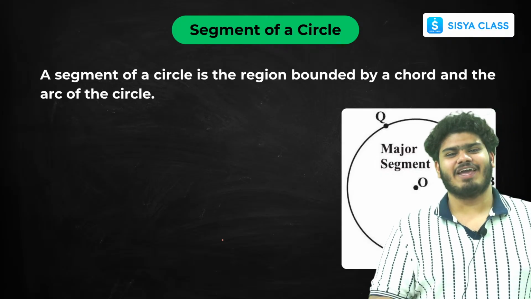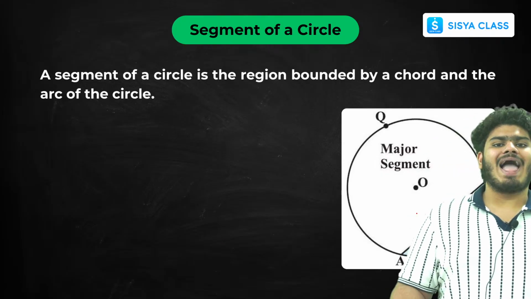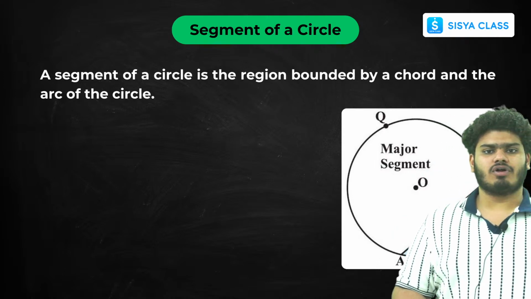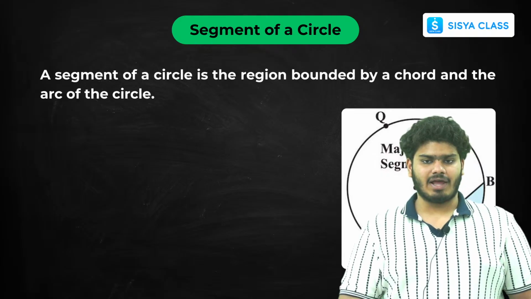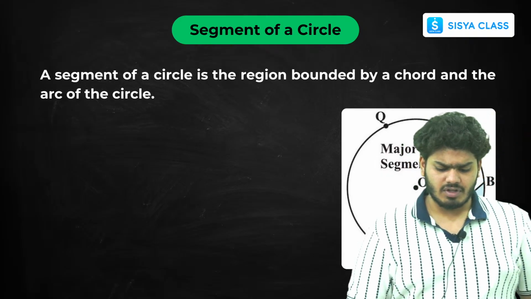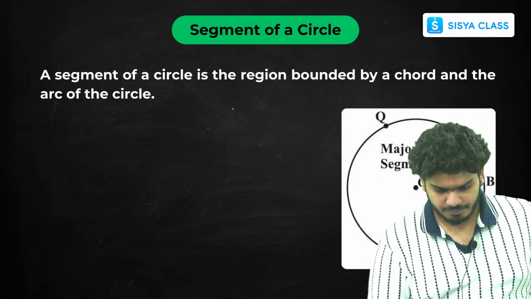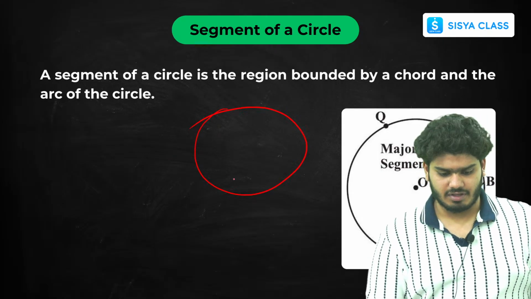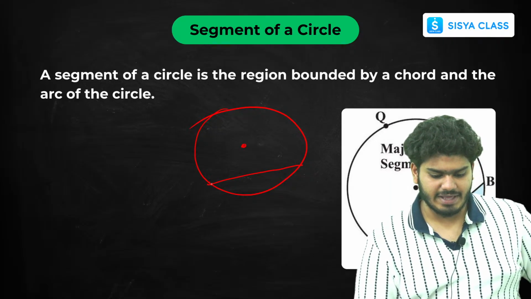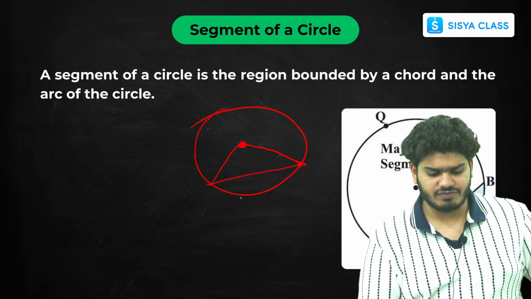So how to find the area of the segment? We can't directly find the area of the segments because there is no angle subtending there. So to find the portion of area, what we need to do here is, see, we have already done in circles, whenever there is a chord, we will be adding radius at the end of the chord, right?